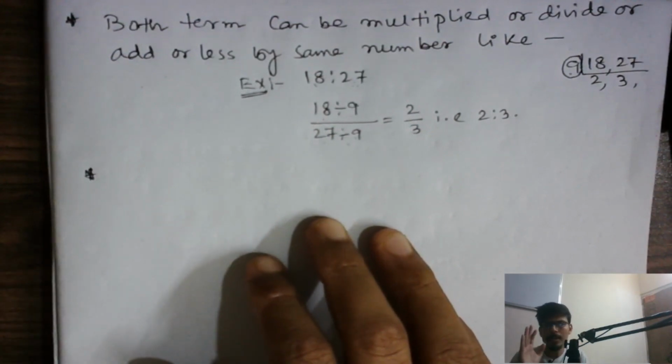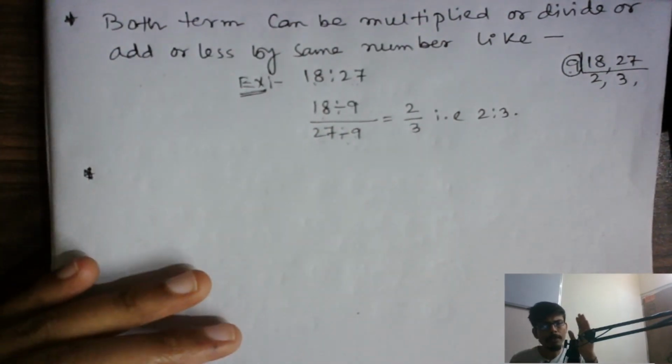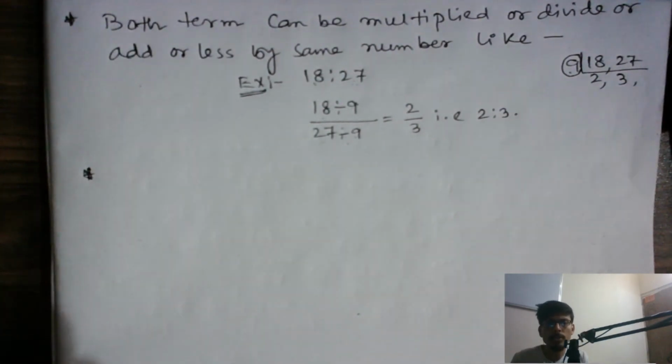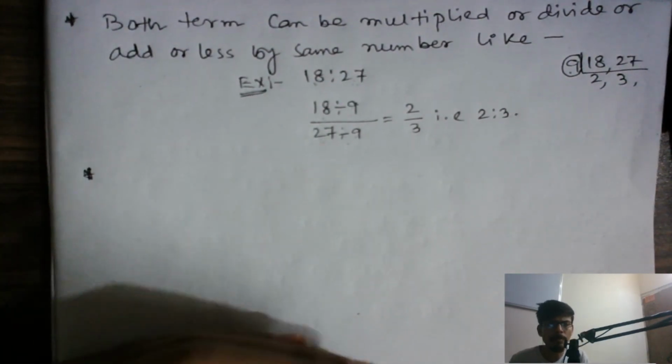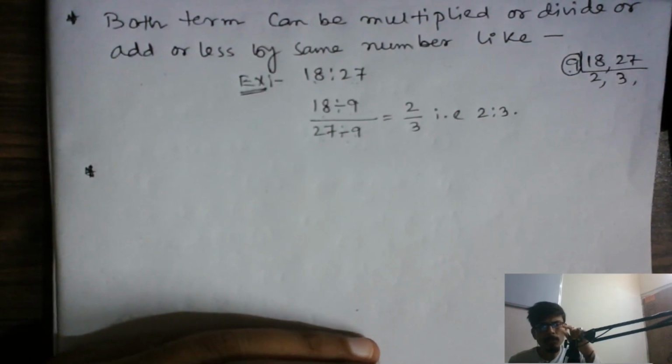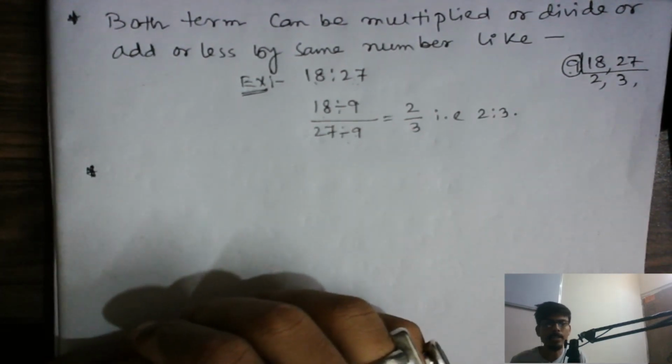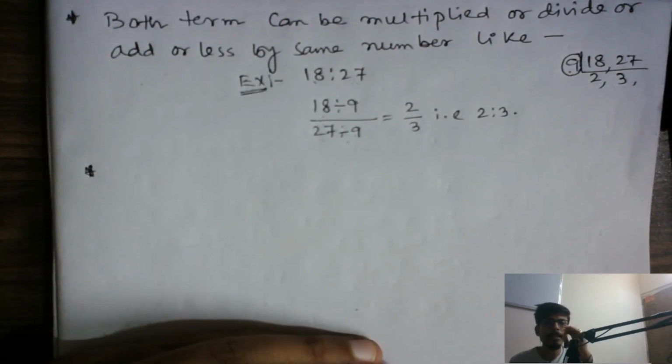So the pen you can say x, pencil you can say y. So x and y are the two values between which we measure the ratio. These terms have separate names in the chapter, called antecedent and consequent.